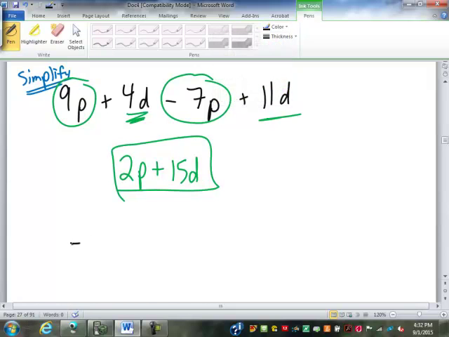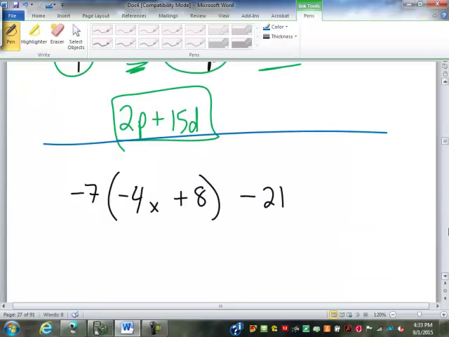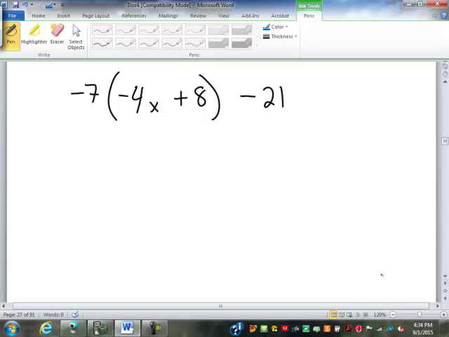We might have something like this. I'm going to give you guys a second to try that one in your seat. See what you come up with. So we have to start out with the distributing. Negative 7 times negative 4x is positive 28x.